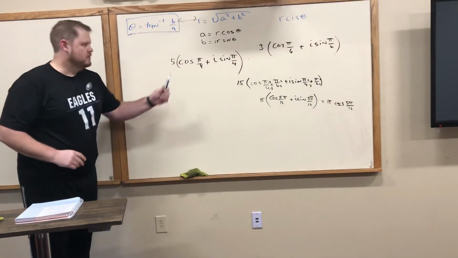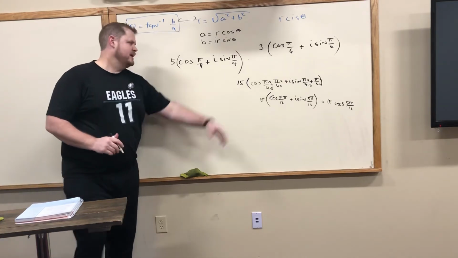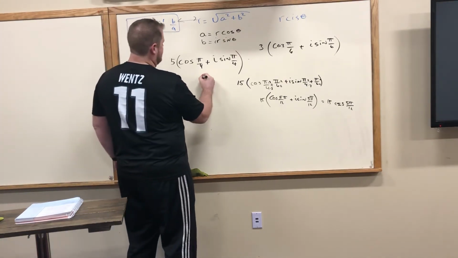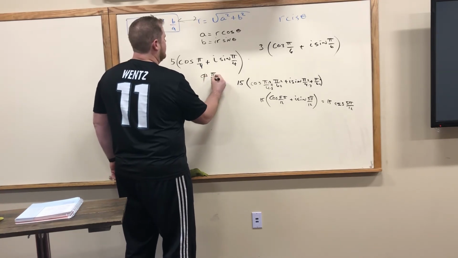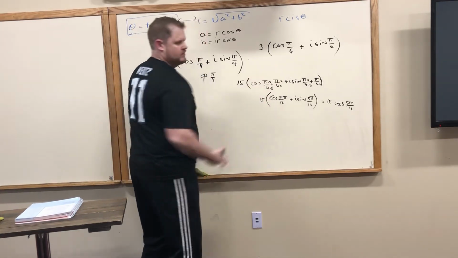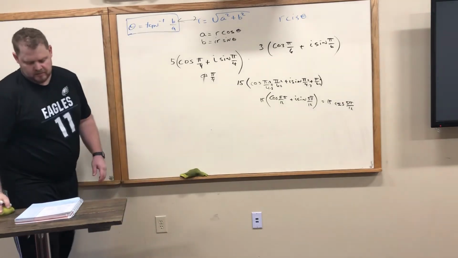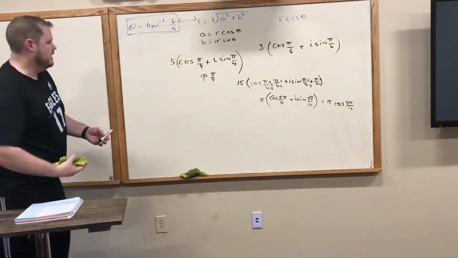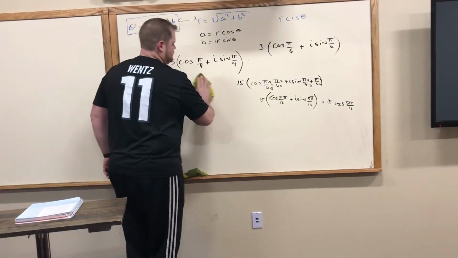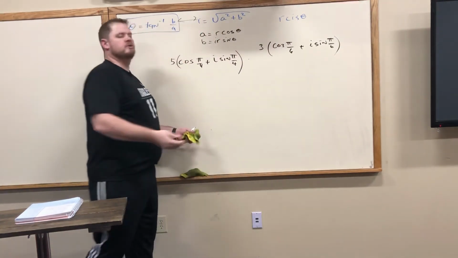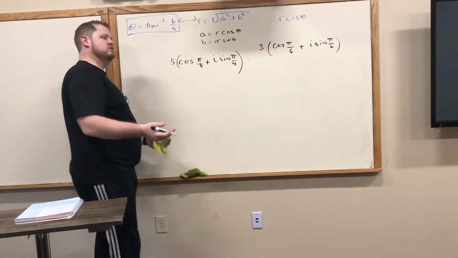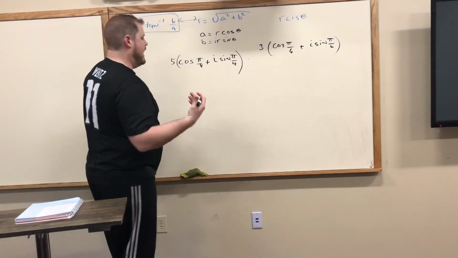All right, so instead of leaving it big, if you consolidate this to 5 cis pi over 4, and this one 3 cis pi over 6, you can combine those easier and more efficiently. Now, let's say we're doing the quotient. So what are you going to do with the quotient? You're going to do division, which means you're going to subtract. Good.